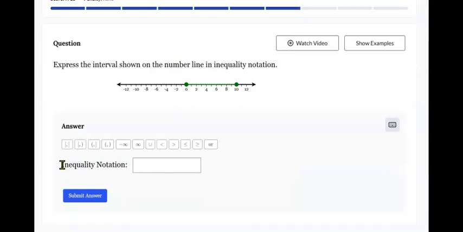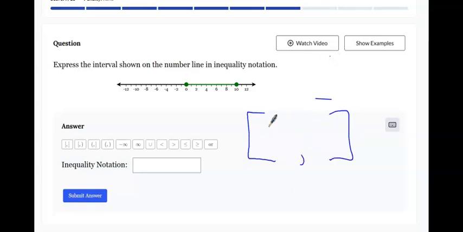For this next equation, it says to use inequality notation, but I'm going to use interval notation so that you can get some practice with both. It looks like I can be any number that's in between 0 and 10. The 0 is solid. The 10 is solid. So that means I need 2 brackets.